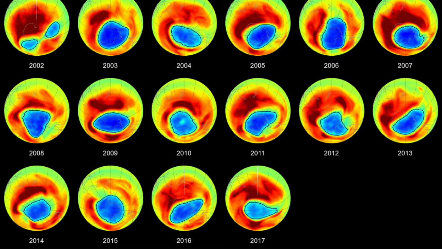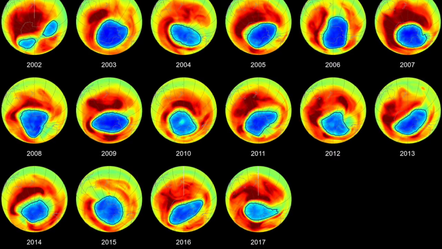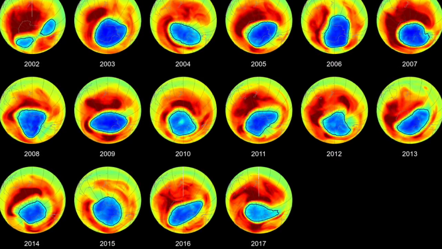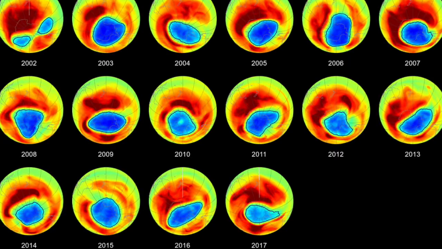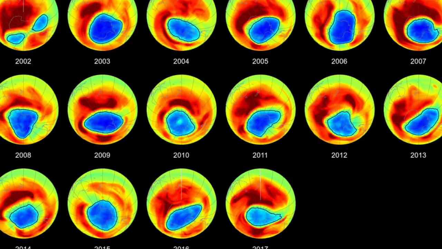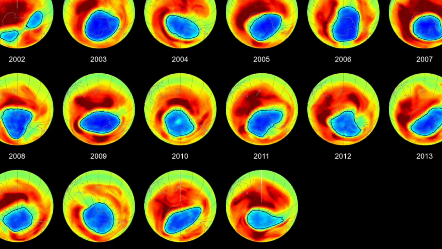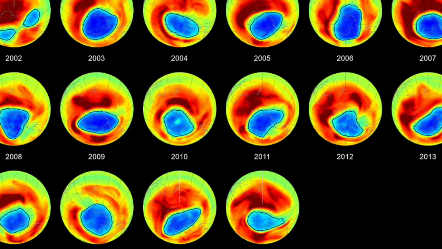Could it be stopped? The Montreal Protocol. Recognizing the need to stop CFCs from reaching the ozone layer, over 100 countries signed the Montreal Protocol in September 1987, agreeing to cut CFC production in half by January 1996.